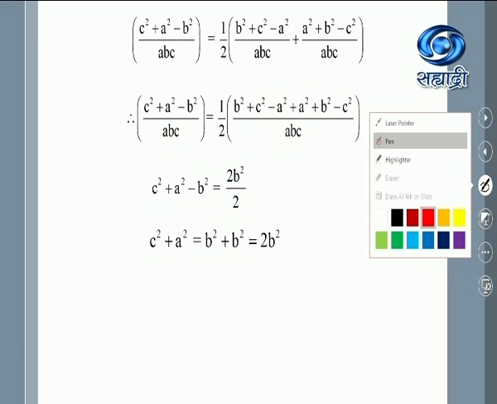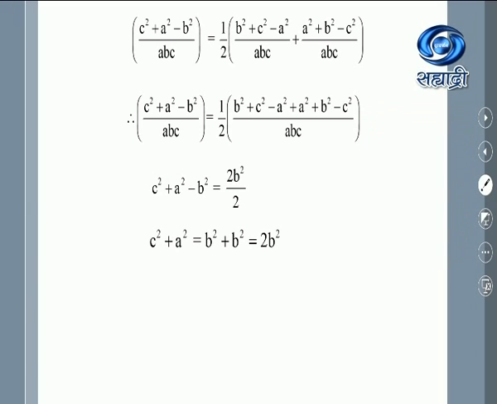So here C square plus A square we got 2B square. Look at this, C square plus A square is equal to 2B square, means B square is the middle term and C square and A square are the extreme terms of the AP, arithmetic progression. So thus we can say A square, B square, C square are in AP. Now if you see, this is 2 times the middle, we got the sum of extremes. Therefore we conclude A square, B square, C square are in AP.